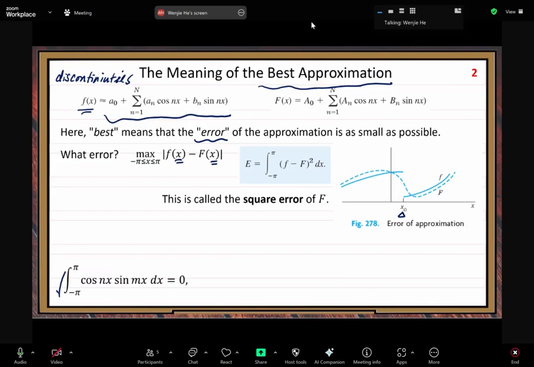Because this capital F function is a trigonometric polynomial, it is always continuous, right? It's a nice smooth function. So this dotted curve is the smooth curve. Now you need to use a nice smooth curve to approximate a function with discontinuities.